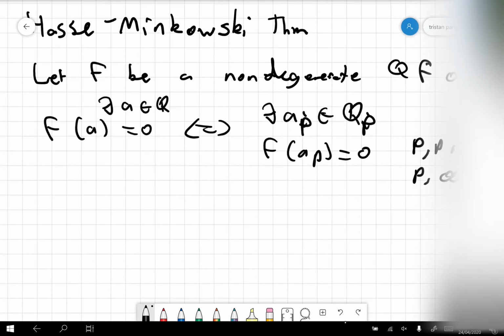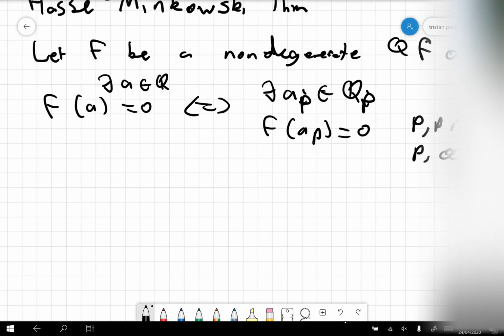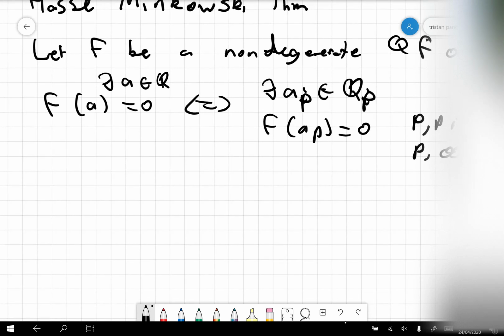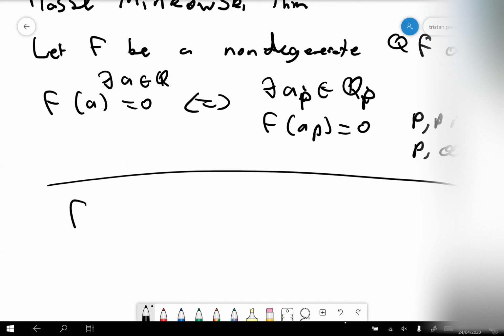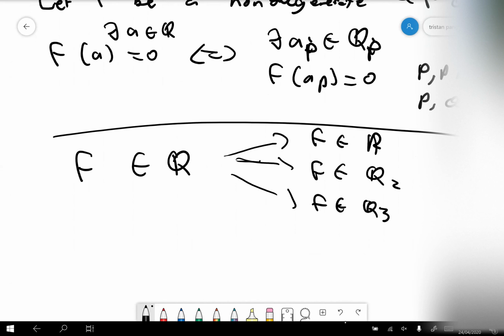So actually, you might think, at the beginning we have one equation, f, inside the rationals. But then the Hasse-Minkowski theorem gives us an infinite number of equations. So we have f in R, f inside, say, Q2, f inside Q3, and so on and so forth, Q5, Q7.